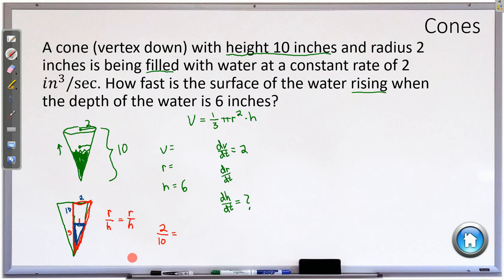That must be equal to that same proportion for the actual amount of liquid, over here, which is what we're actually concerned about. Okay, R over H.